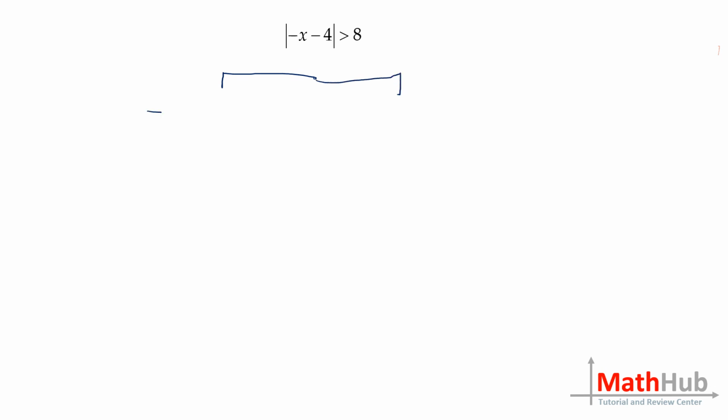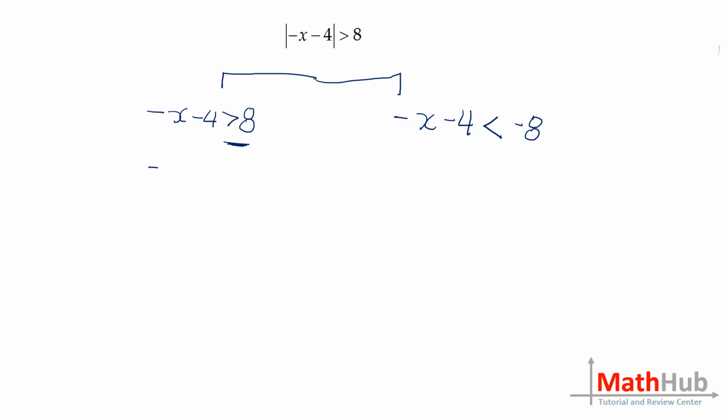First, copy without the absolute value sign. Then for the other part, copy, and then this 2 over here gets flipped, so it becomes less than negative 8. And then we can now solve for x.